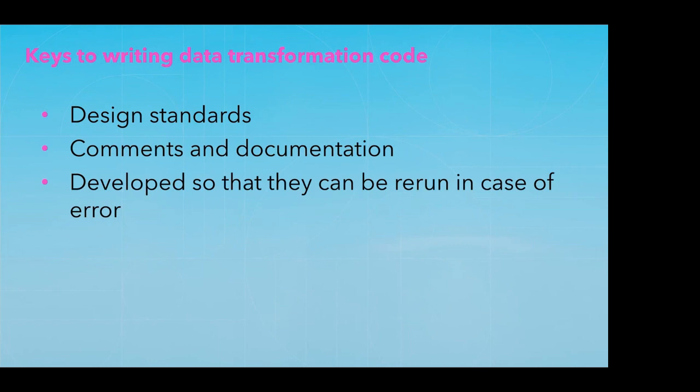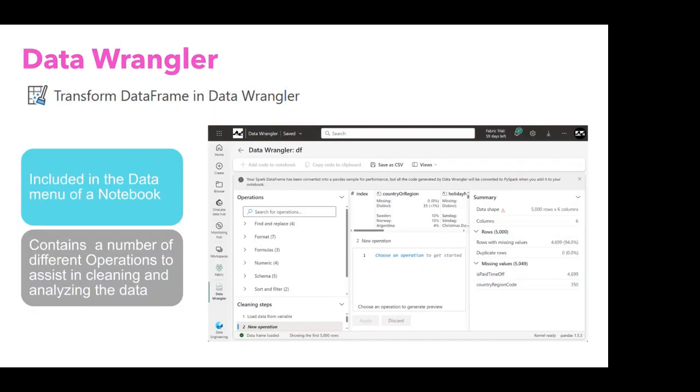Now, in addition to standard notebooks, which we will of course take a look at, I also wanted to talk about a feature that is included inside of Fabric called Data Wrangler. And Data Wrangler is basically, it's not Copilot, because it's more like Power Query that writes Spark code.